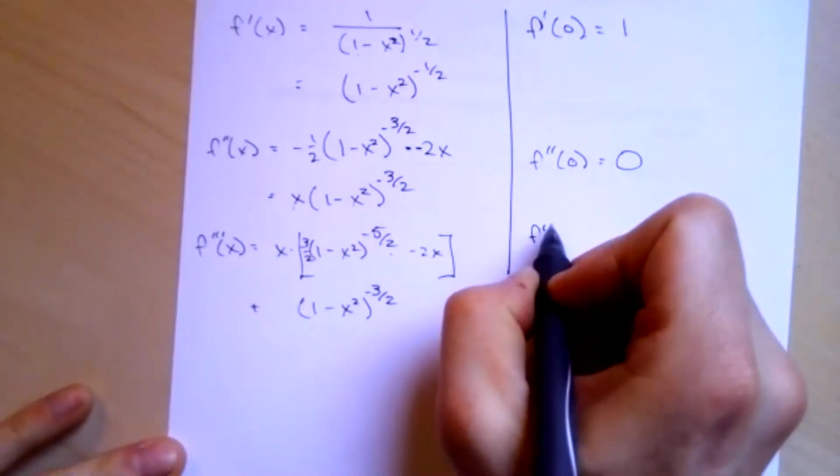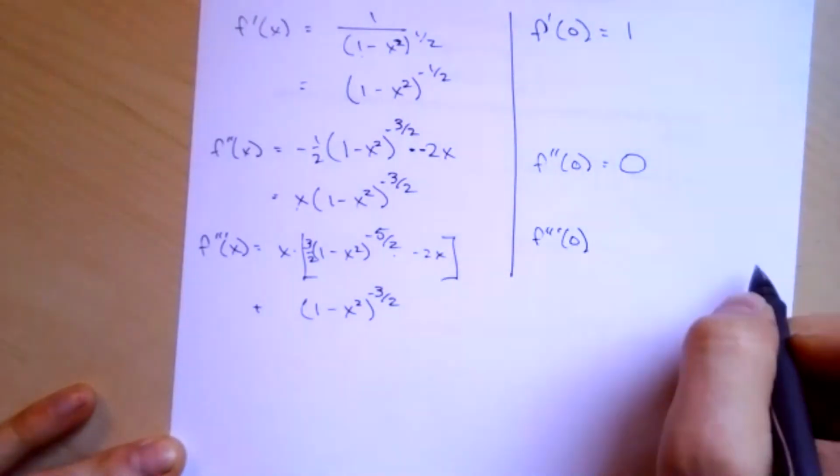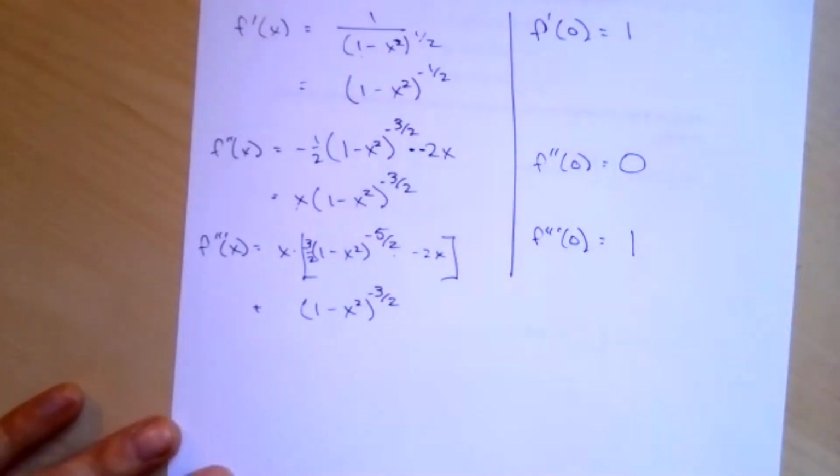And so f triple prime of 0 is going to give us 1.